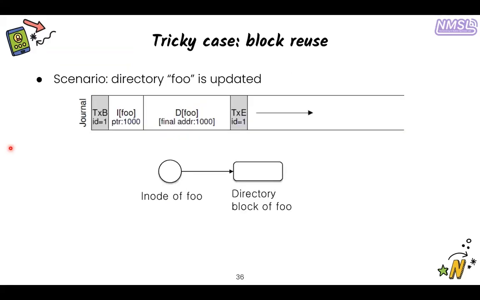Now, one thing before we close. If you look at the textbook, somebody had a quote saying the tricky case happens when there's a file delete. The example that we use in the book is, let's say we have a directory called foo, and directory foo is updated, and foo takes up the address 1000.